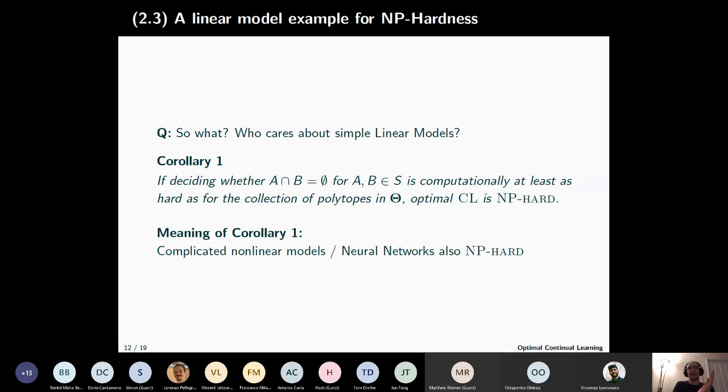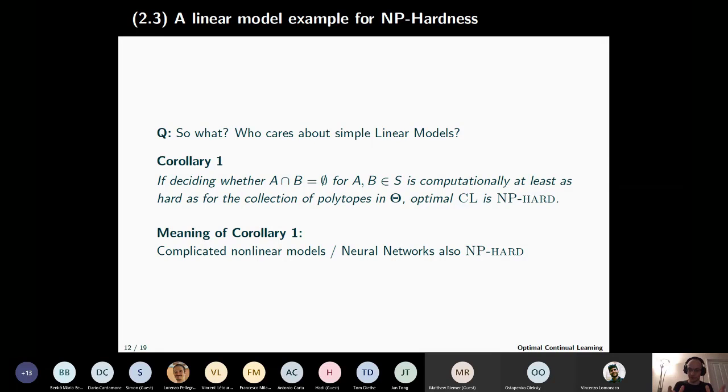Yes, so this slide basically tells you that if you're interested in using a more complicated model than a linear model, the sets that will be produced by your algorithm are necessarily even more difficult. So one way to think about this is a neural network can recover linear regression. So the sets that you can recover with a neural network will be strictly more complicated.